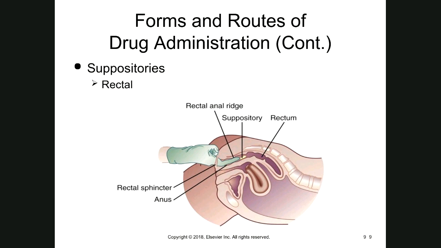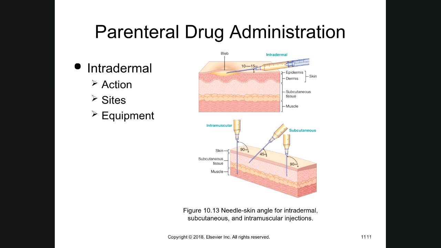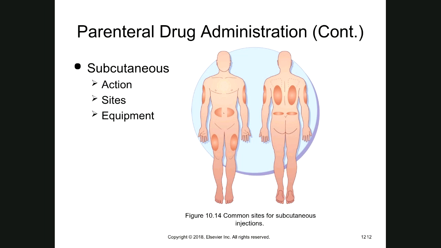Now, here with parenteral drug administration, you would see that's intradermal in this way, or you can have the sub-Q or IM. Now you can see here with subcutaneous the sites that you most commonly use.